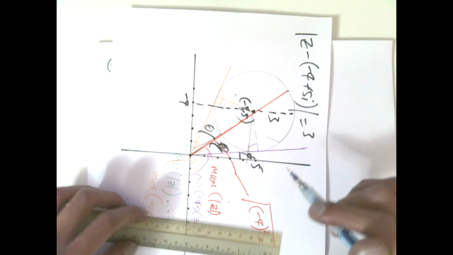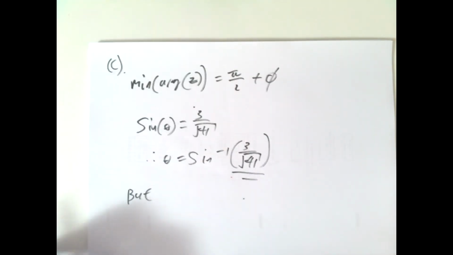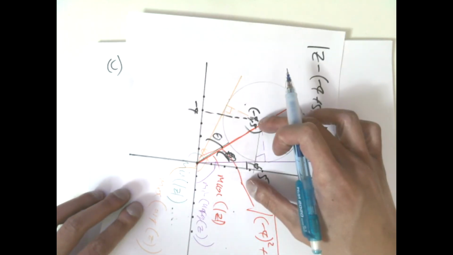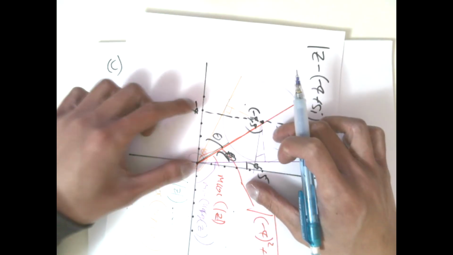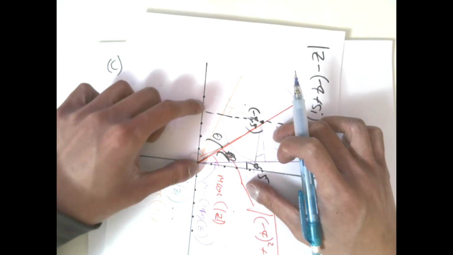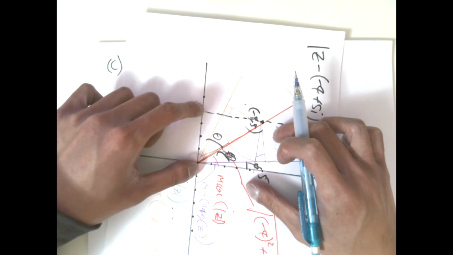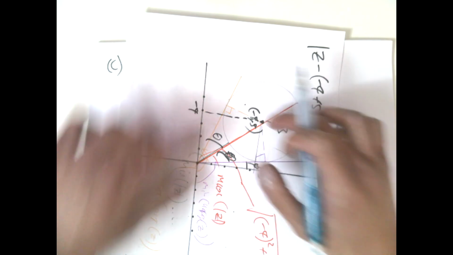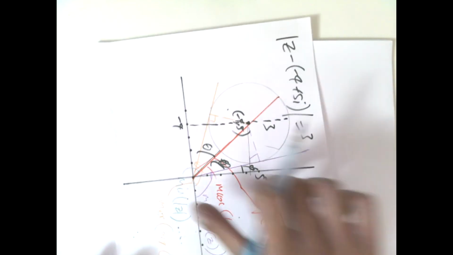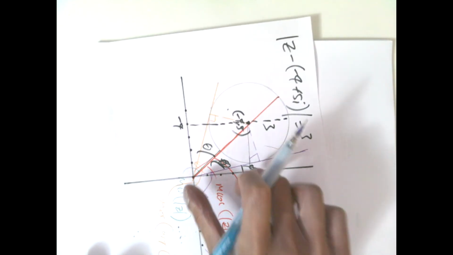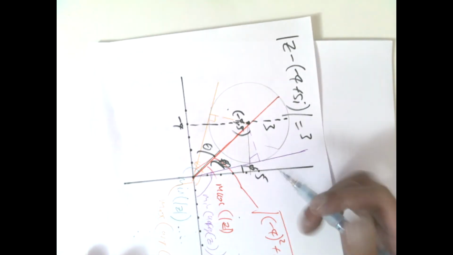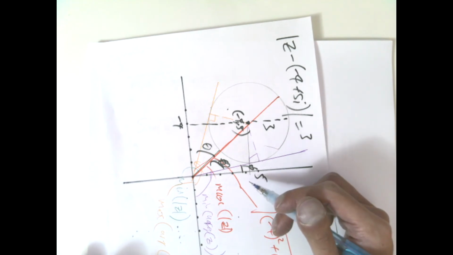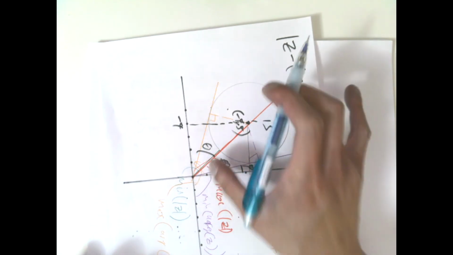And although my drawing is not to scale, it's going to be 4 and 5. The height of this pencil drawing is going to be as much as this 4, the length of how much the circle has been shifted. And this adjacent of this triangle is going to be how much vertically this circle has been shifted.